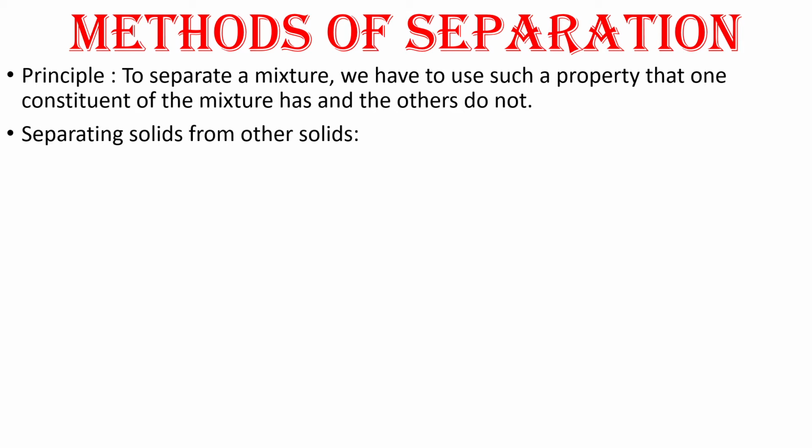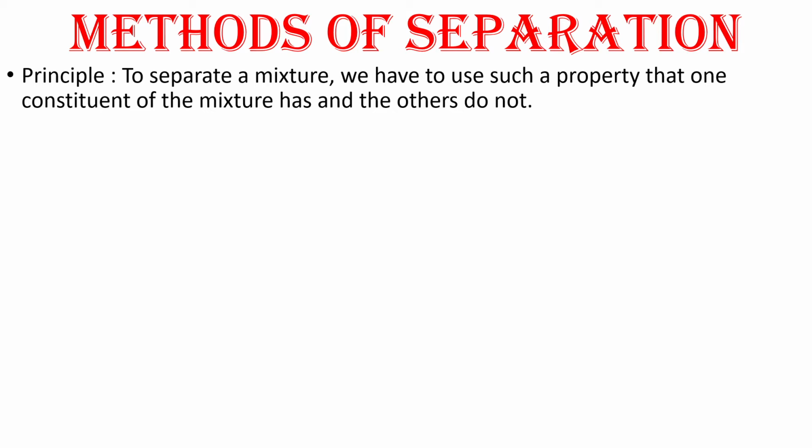To understand this statement: if I want to separate one substance from the rest, I have to choose a property that the substance I want to separate has, and none of the others have.